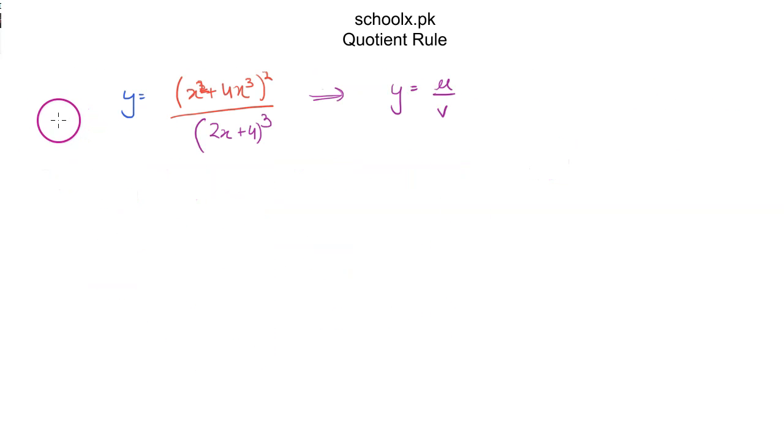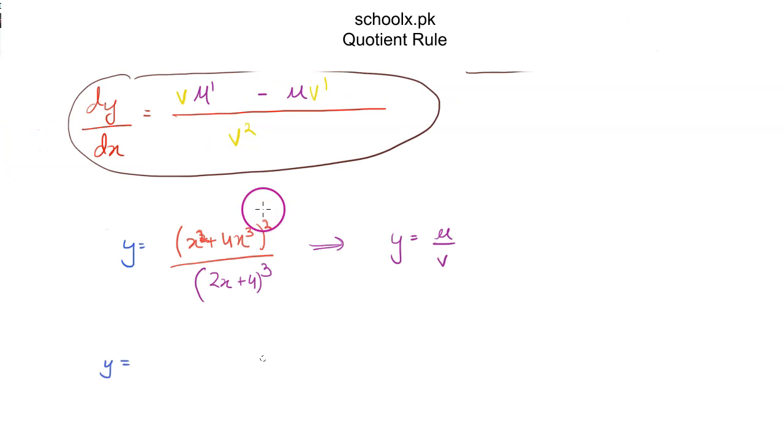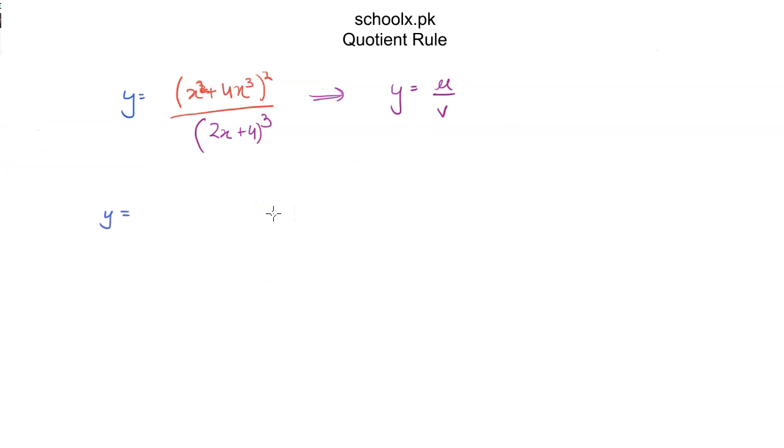So now we know that dy over dx equals v squared, that is 2x plus 4 whole cube, squared, and v into the derivative of u.